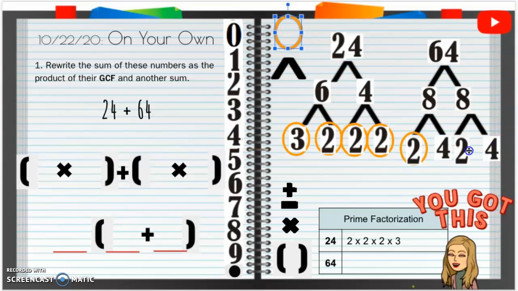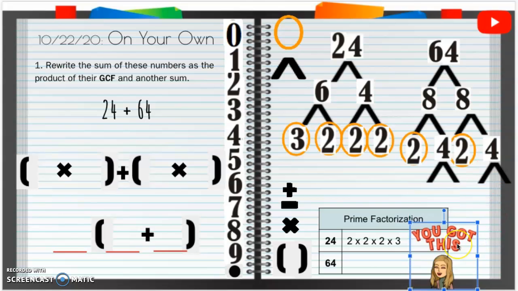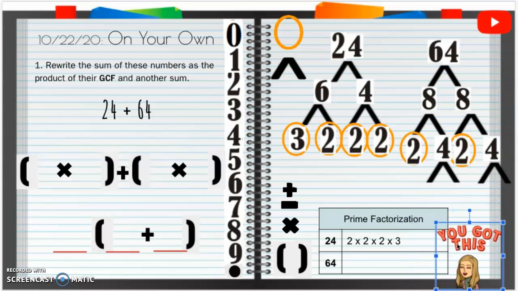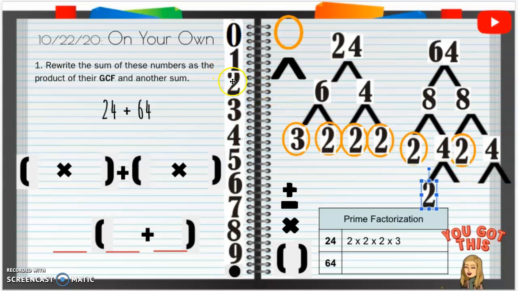We can break down both of these 4s. I'm going to make this little Bitmoji smaller so we have a little more room. There we go. 4 is 2 times 2, and same thing with this 4, 2 times 2.